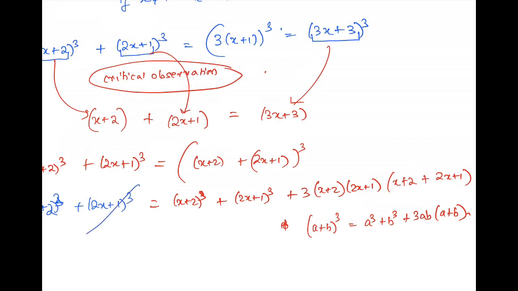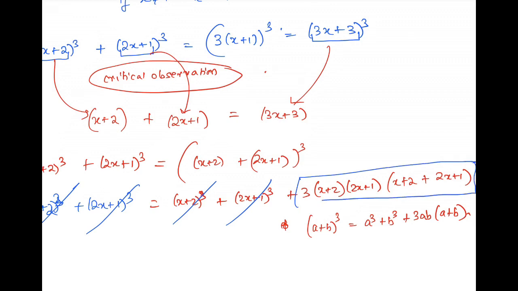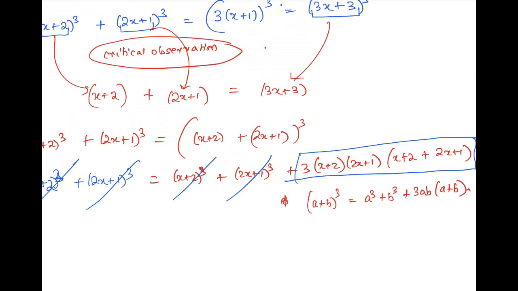So we can cancel off these two things and we are left with this piece on the right hand side and 0 on the left hand side. So what do we have? We have 3 times (x + 2)(2x + 1)(3x + 3) equal to 0.